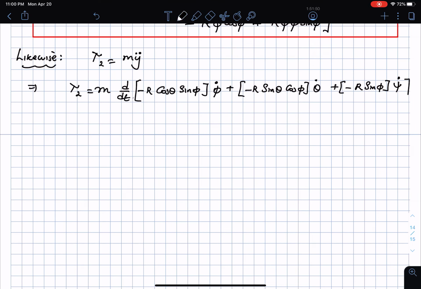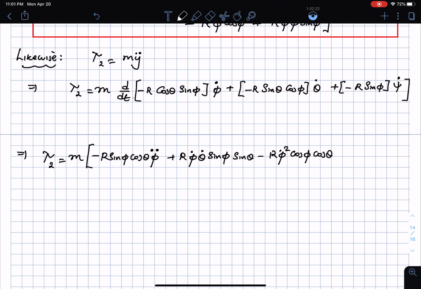So lambda 2 is going to be m times differentiation of that big expression. Likewise for the previous case, r sin phi cos theta phi double dot, then I'm going to have an r phi dot theta dot sin phi sin theta, then minus r phi dot square cos phi cos theta.